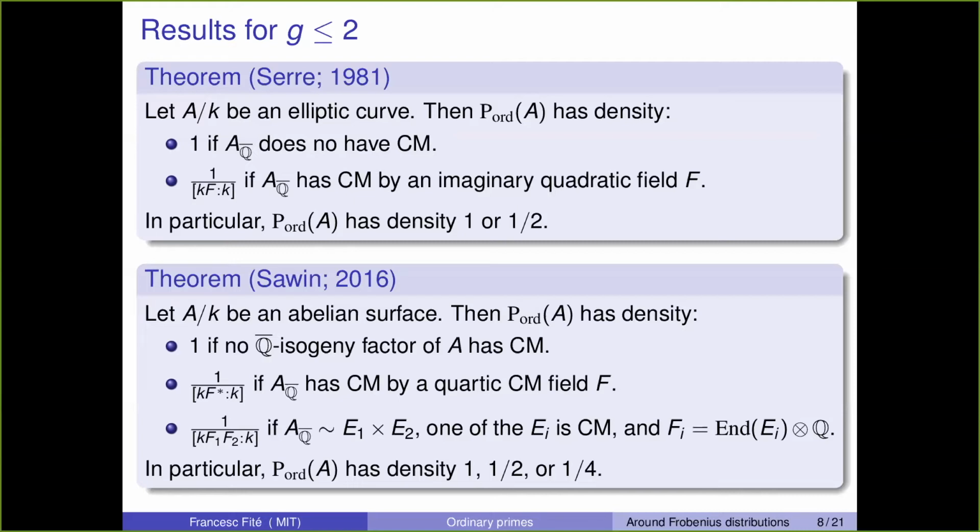And then the third case is the case in which our abelian surface is Q-bar isogenous to the product of 2 elliptic curves, at least one of which has complex multiplication. If I denote by F sub i the endomorphism algebra of the elliptic factor E sub i, which is a field, then this density is essentially 1 over the degree of the compositum of F1 and F2.